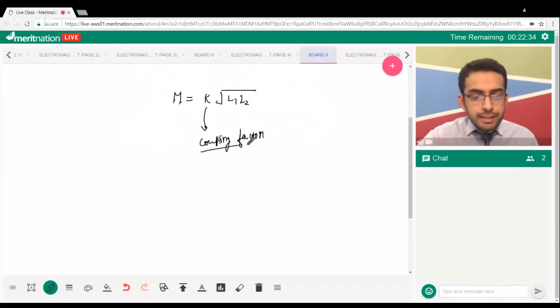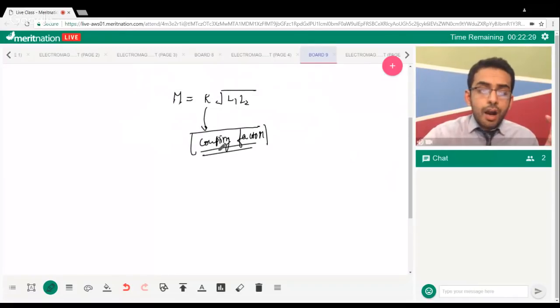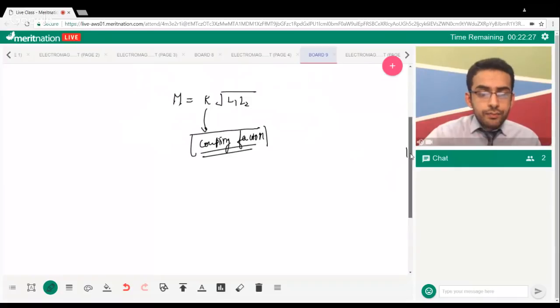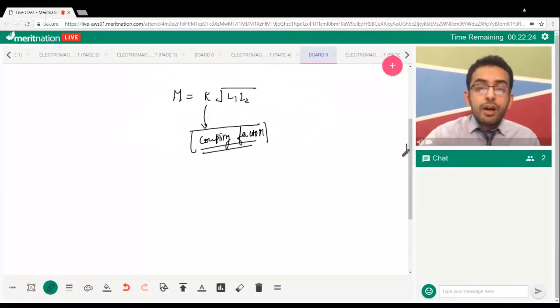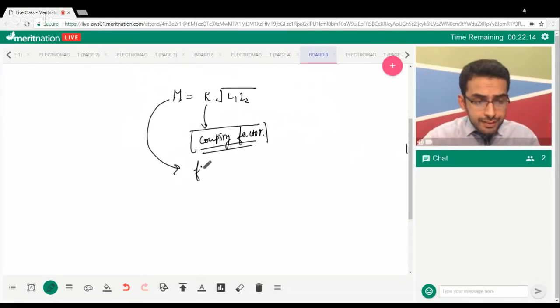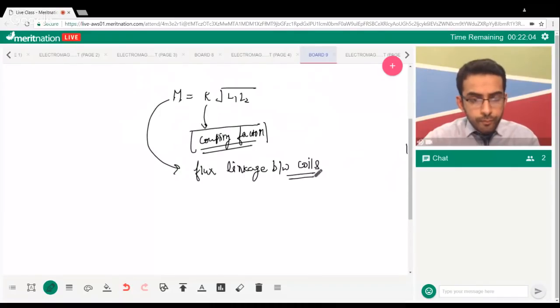It tells us how the flux is linked with the coils, so M depends upon the flux linkage between the coils.